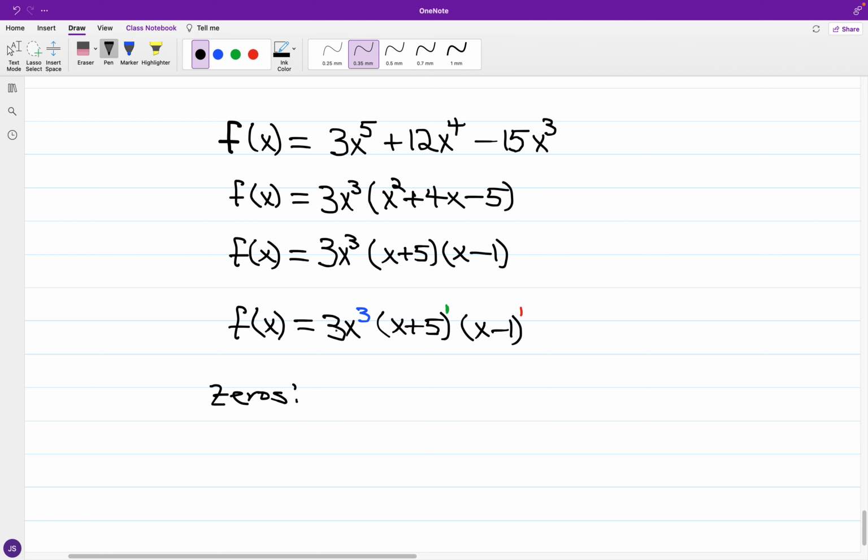And we have for the zeros, with the variable factors, x, x plus 5, and x minus 1. From x, I have x equal to 0. From x plus 5, I have x equal to negative 5. From x minus 1, I have x equal to 1.